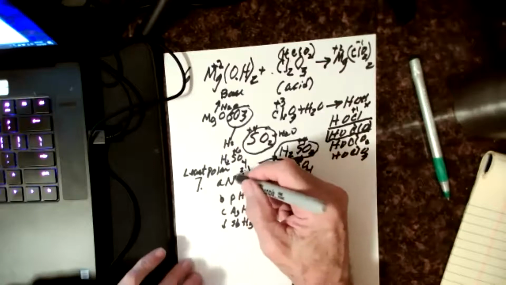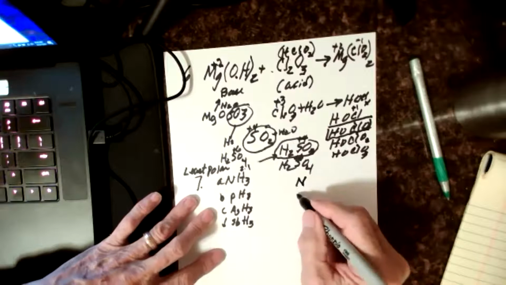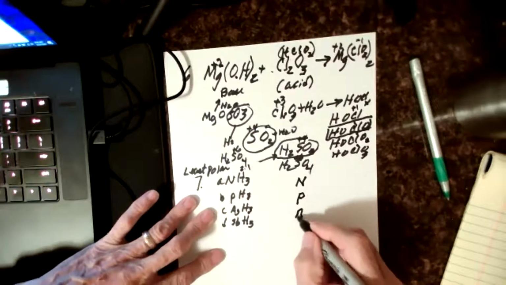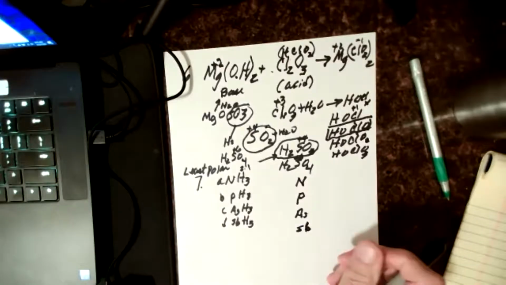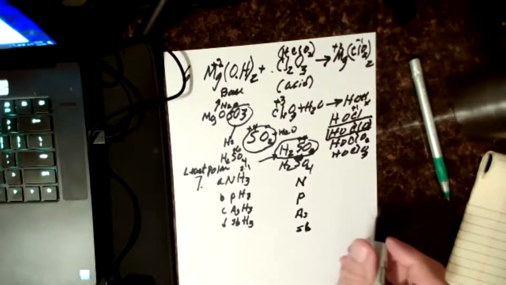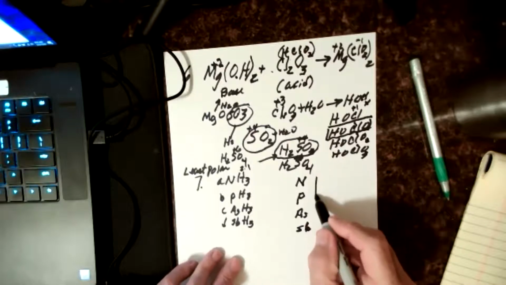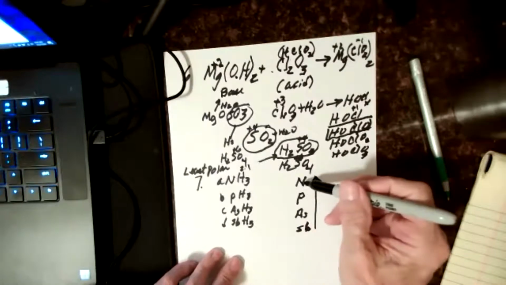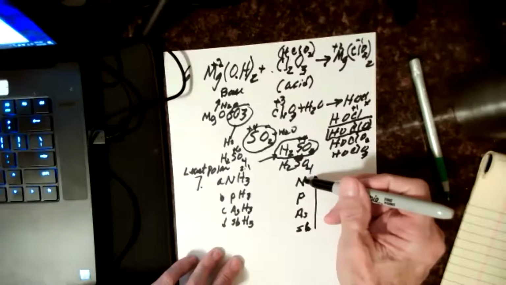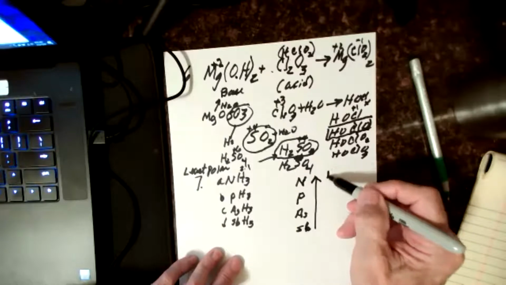2.1. Now, if I'm looking at this family on the periodic chart, top to bottom: nitrogen, phosphorus, arsenic, antimony. Now, you remember the order of electronegativity? How does it go? That's right, it increases toward the top. So the electronegativity is going to be the greatest for nitrogen, the least for antimony, and now I'm going to attach them all to hydrogens.